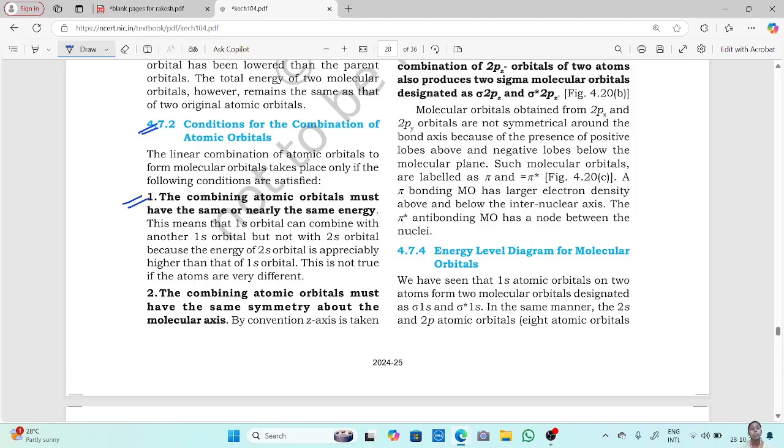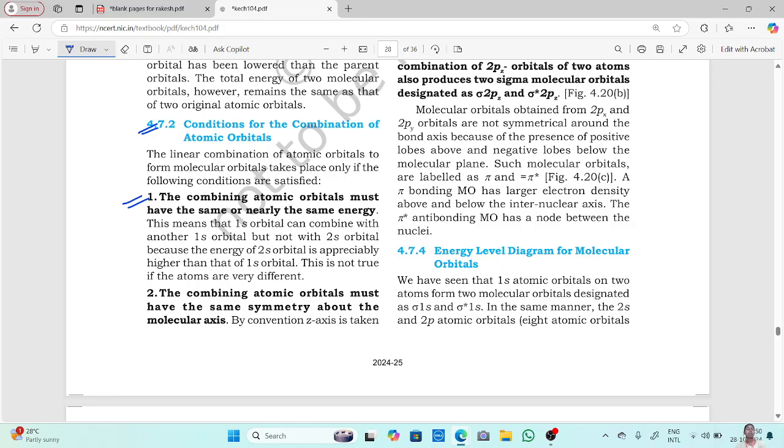The first one is that the combining atomic orbitals must have the same or nearly the same energy. Again, the combining atomic orbitals should have the same or nearly the same energy level. This means 1s orbitals can combine with another 1s orbital but not with 2s orbitals.